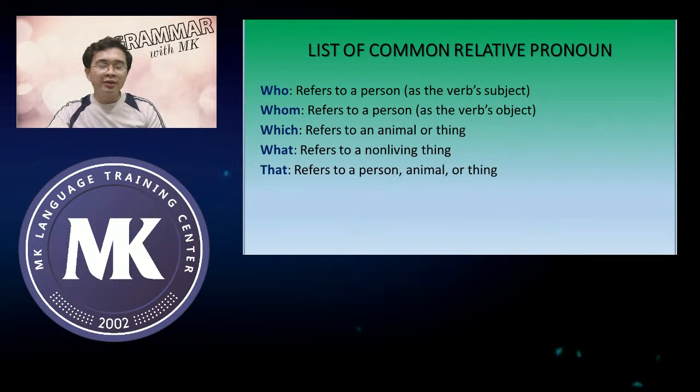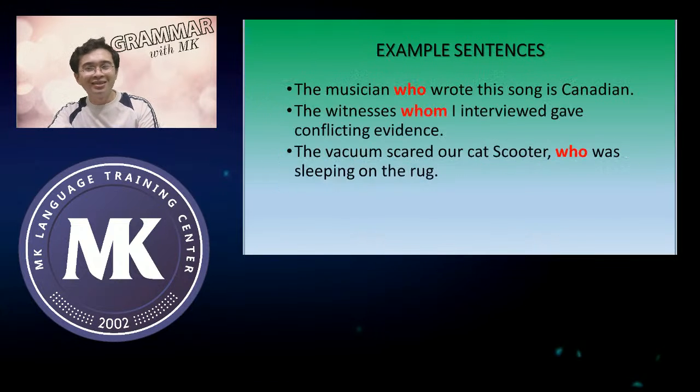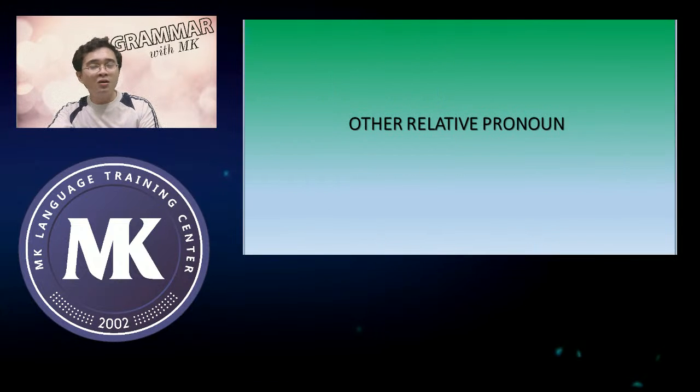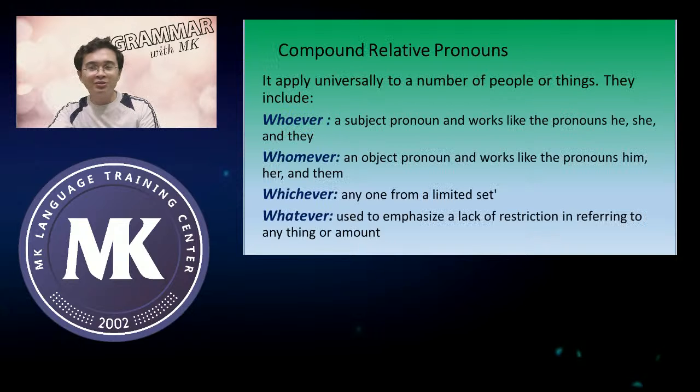Okay, and we have the list again. We use who for person, whom also for person, but we refer to this for object, which, that, also for things, animals, or maybe other kinds, or people also. And we have what. What I will explain next time. And for our other relative pronouns, we have whoever.